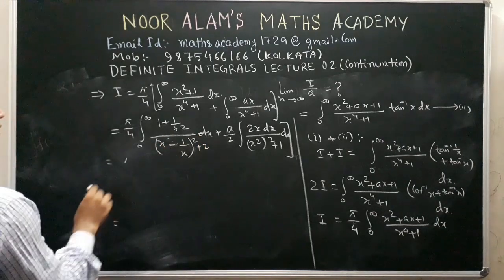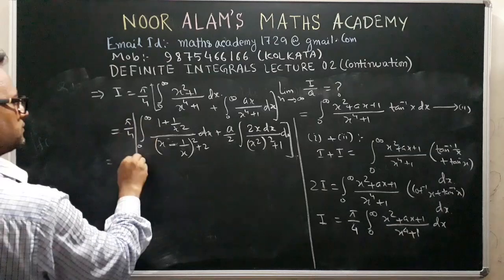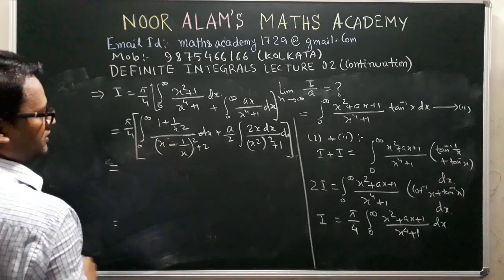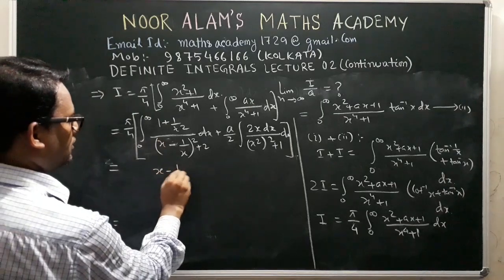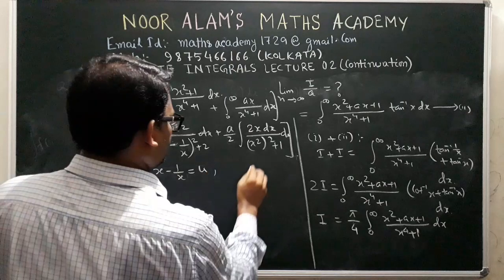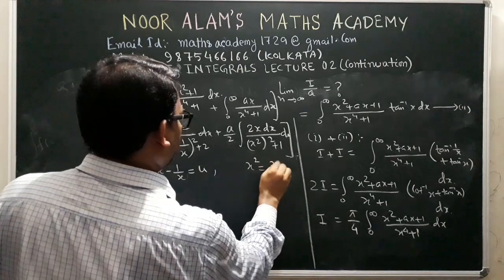Now in the first integral I put the substitution x minus 1 by x equal to u, and in the second integral I am putting x square equal to z.